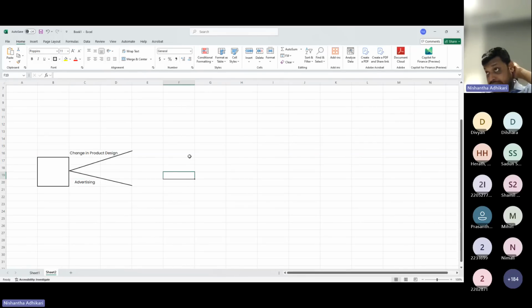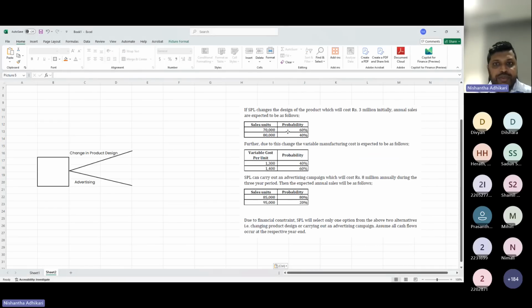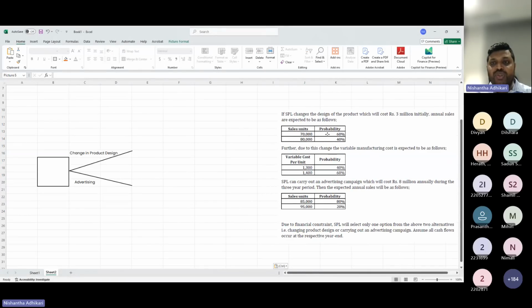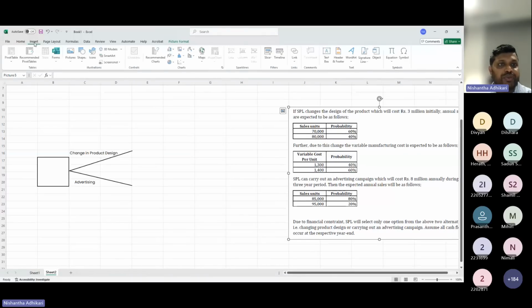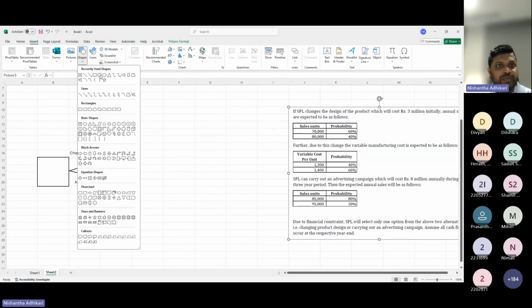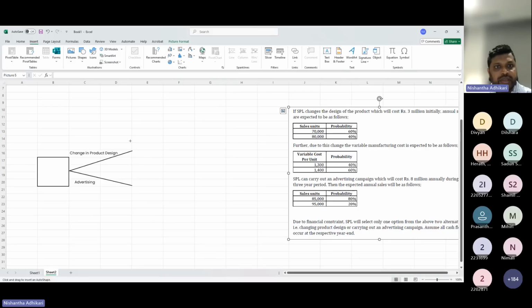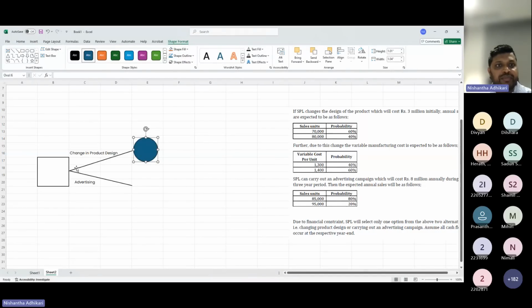If you change the product design, if you go back and see, I will crop it and get back to here. It's a change in product design. Sales can be 70,000 or 80,000, right? There will be an outcome point we need to introduce.